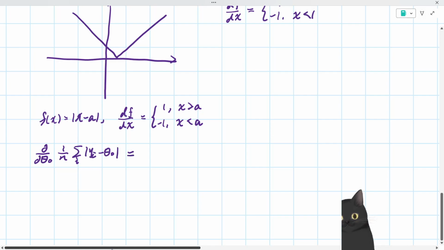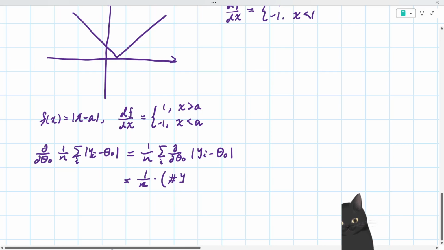If we take the derivative of this, which we can do by once again moving the derivative inside the summation, we will notice that we're actually just calculating 1 over n times the number of yi's that are larger than theta naught minus the number of yi's that are smaller than theta naught.